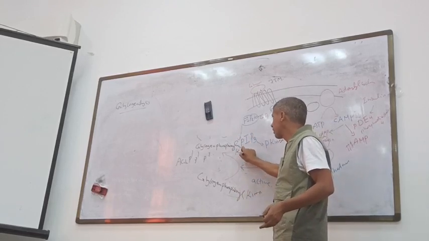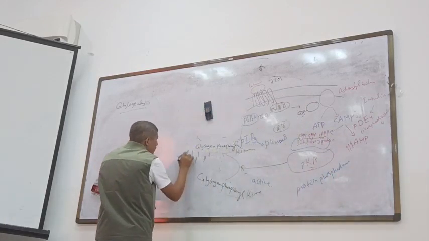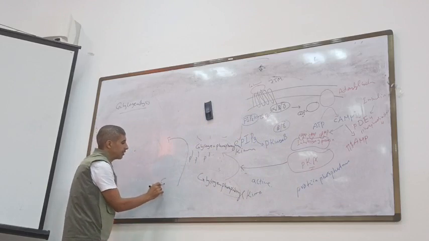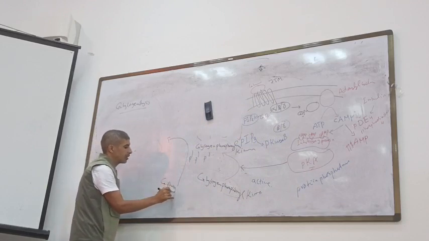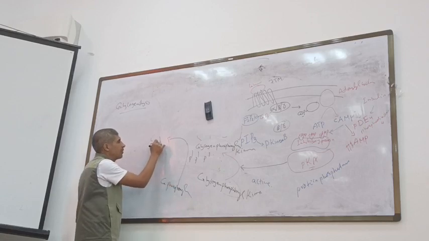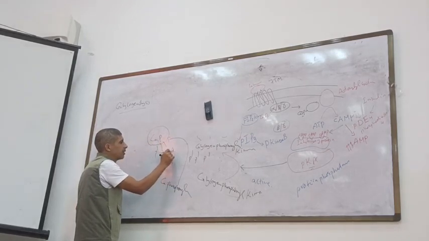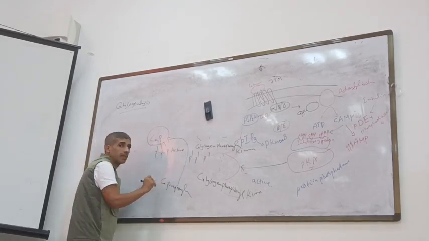This glycogen phosphorylase kinase will then phosphorylate glycogen phosphorylase, so that glycogen phosphorylase becomes active.